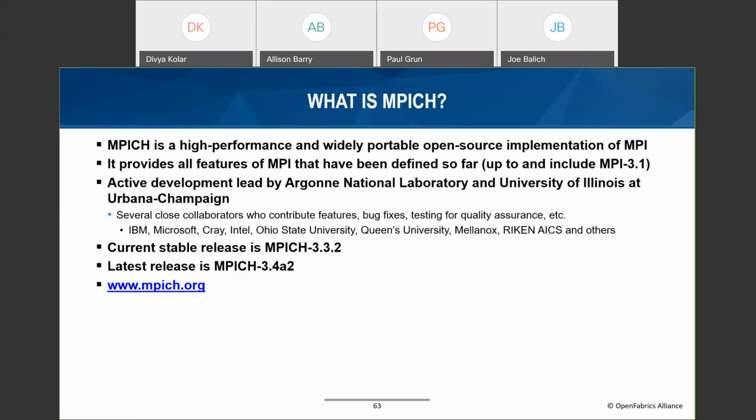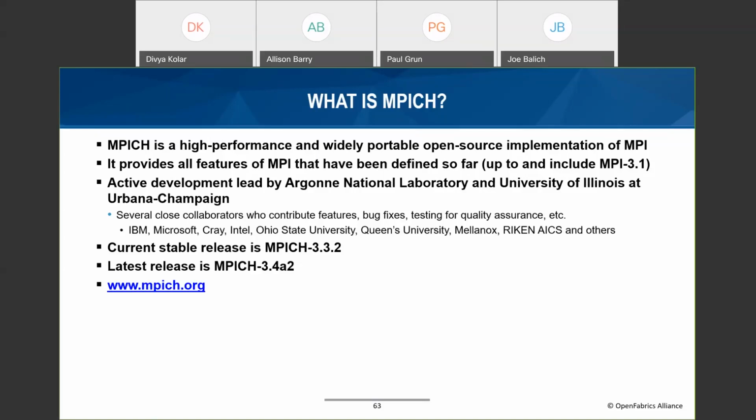As you may or may not already know, MPICH is a high-performance MPI library that is open source and portable. The library has been mainly developed by Argonne, in collaboration with many vendor partners, including Intel, Cray and Mellanox.